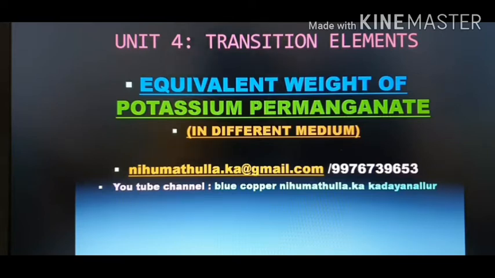In these three mediums, the permanganate ion undergoes reduction by gaining different numbers of electrons. Therefore, the number of electrons gained is different in different mediums, so the equivalent weight of potassium permanganate is also different in different mediums. That we are going to discuss by using the equivalent weight determination formula.